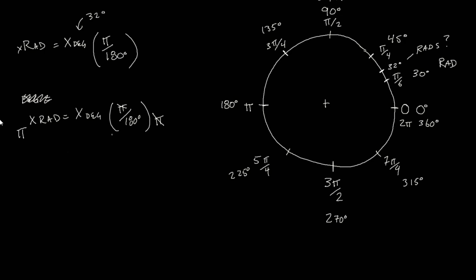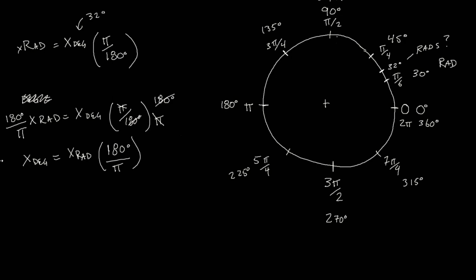And whatever I do to this side, I have to do to this side to make them equal. So I'll just multiply this side by 180 and multiply this side by 180. And so the 180 cancels on this side. So if I rewrite this out nicely, x degrees is equal to x rad times 180 degrees over pi.